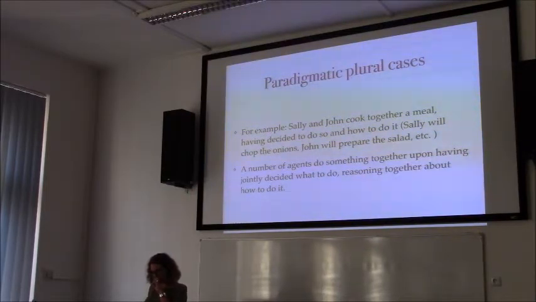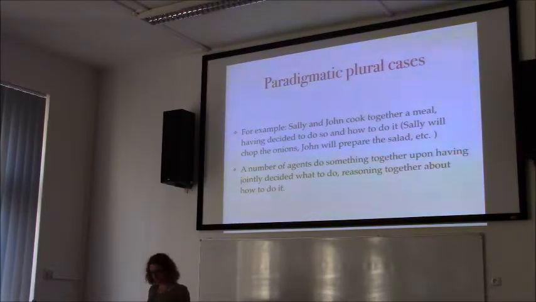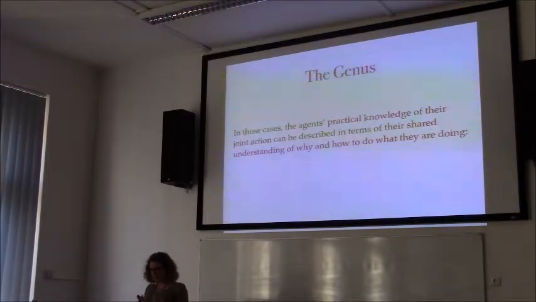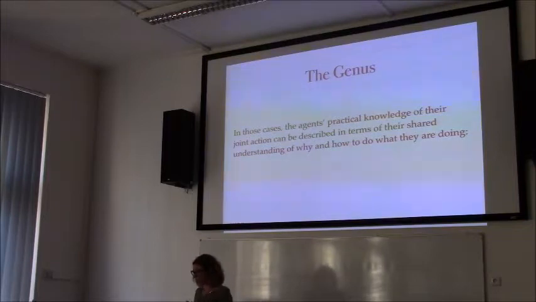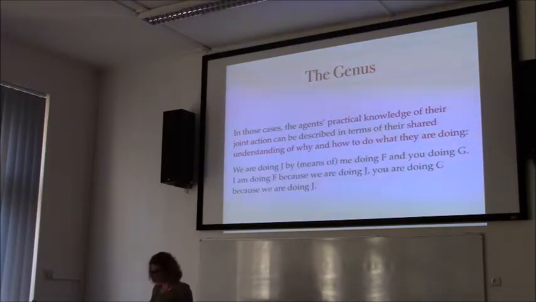So, in this case, we have a number of agents doing something together. They have jointly decided to do so by reasoning together about how to do it. So we may say that in this case, the agents have practical knowledge of their joint action. And this can be described as the agents having a shared understanding of why and how they are doing what they are doing.